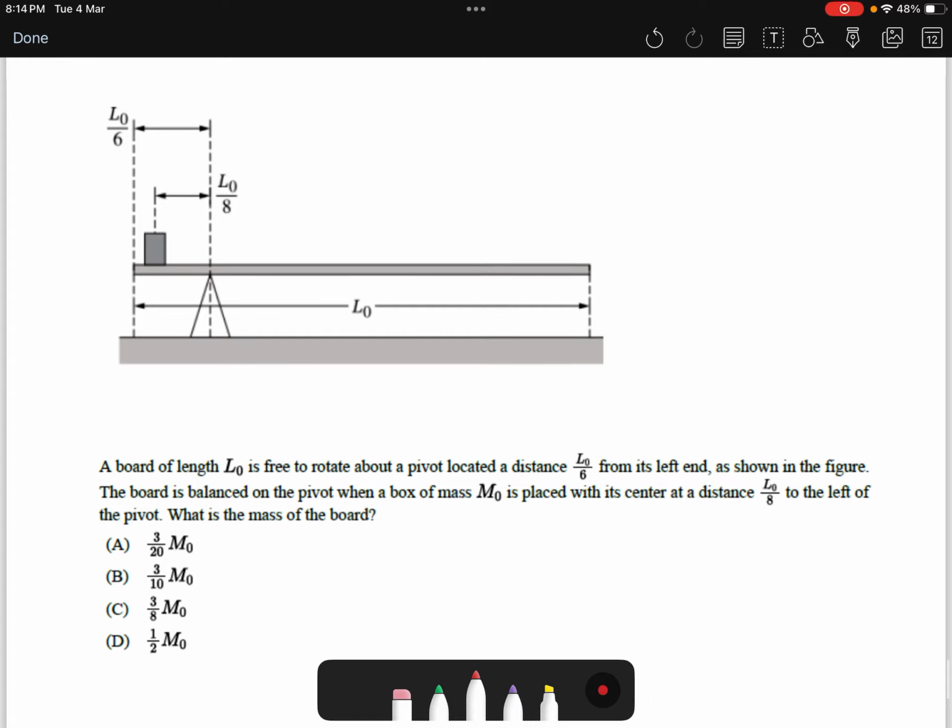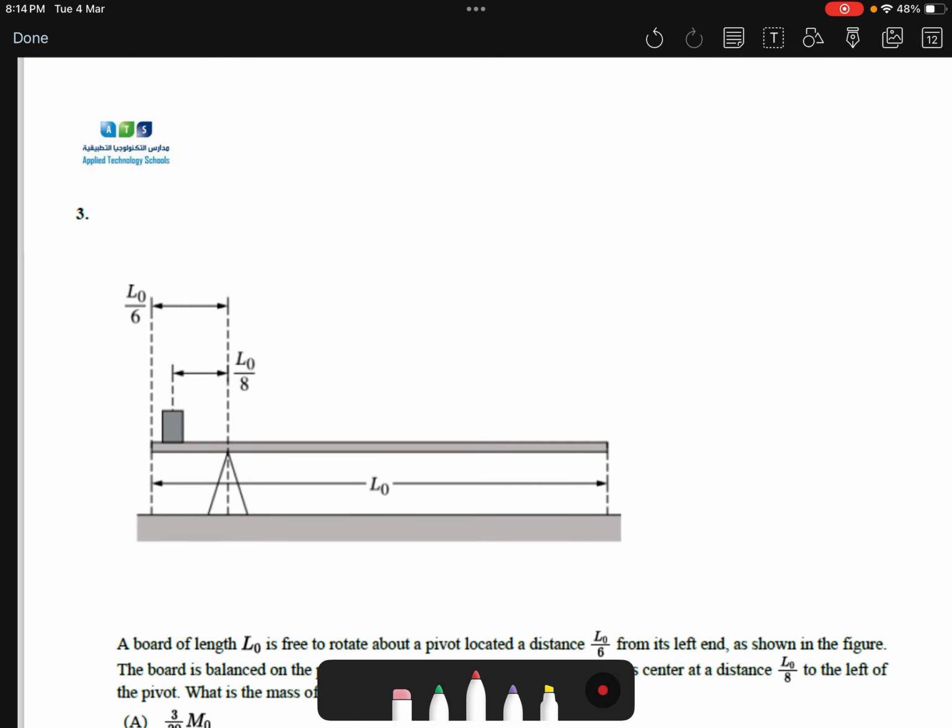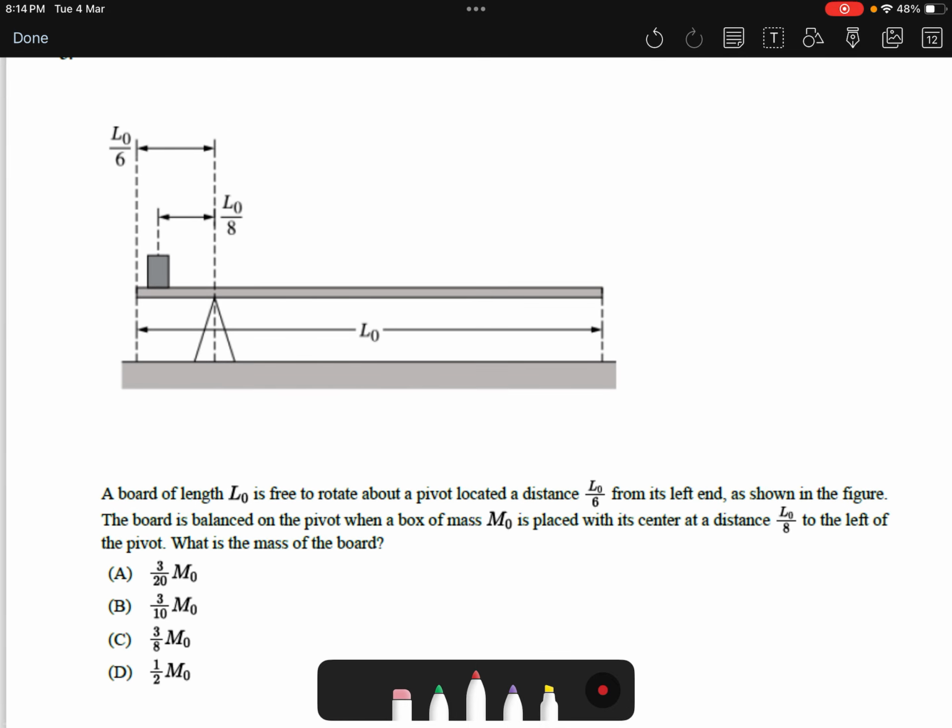Next question. Question number 3. The same topic. Read it, please. Okay. Now, the board is balanced on a pivot. We need to find the mass of the board.